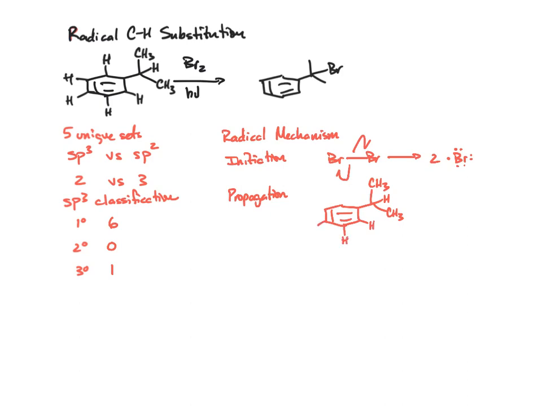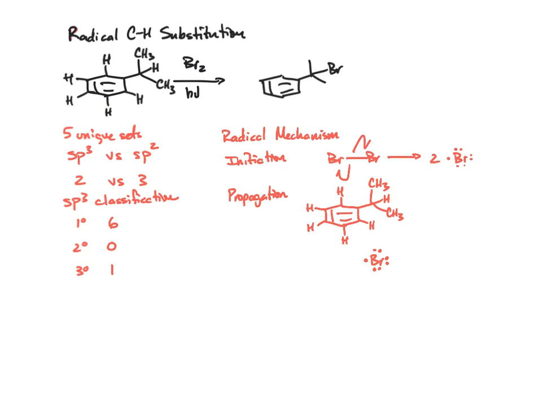So the reason that I wanted to walk you guys through that exercise we just did is so that you understand exactly why this bromine radical is doing what it's doing. It has a choice of 5 different types of hydrogen.